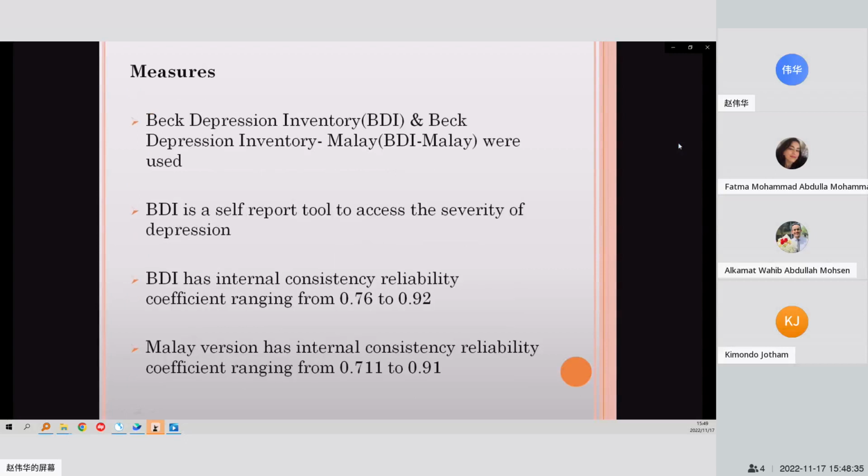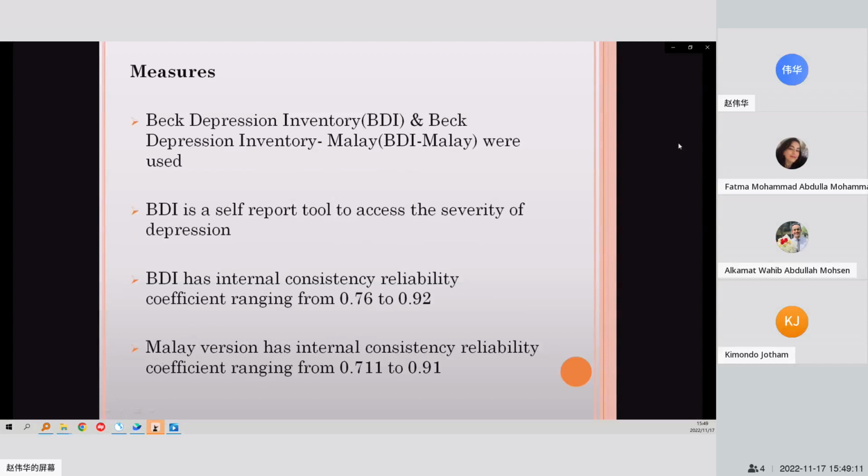Let me now go to the measures used in this study. Two tools were used for measuring depression: the Beck Depression Inventory, which was used for Australians, and the Malay version, BDI Malay. BDI is a self-report tool to assess the severity of depression.